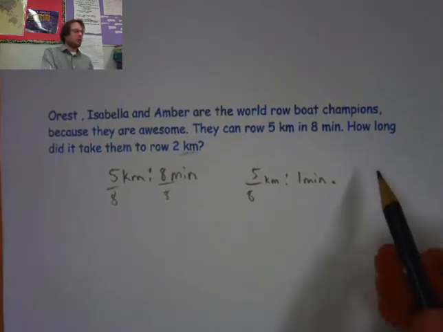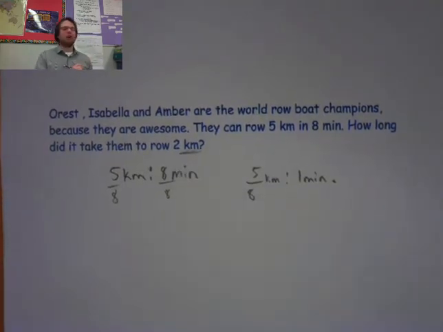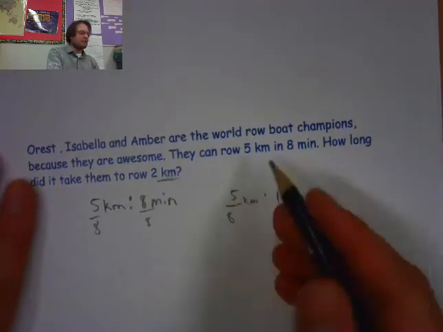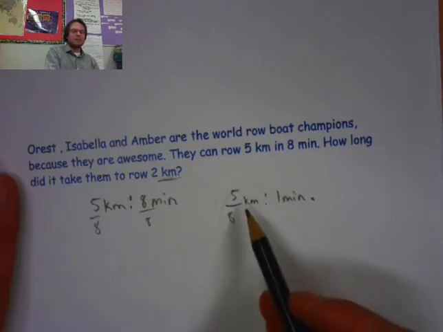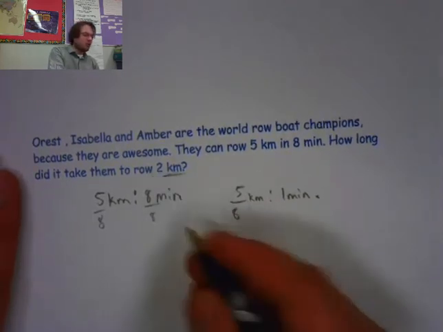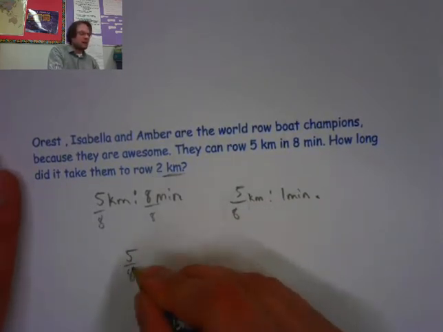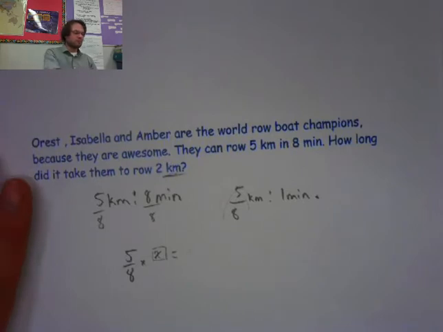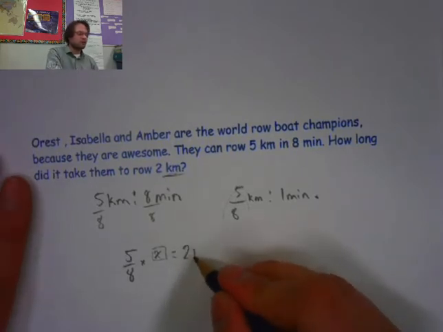We want to know how long it took them to go 2 kilometers. Looking at this here, we have 5/8, and we want to know how many minutes it takes them to go 5/8 into 2. So I'm going to go 5 over 8, and that is going to be multiplied by some mysterious number, which we'll call x, is equal to 2 kilometers.